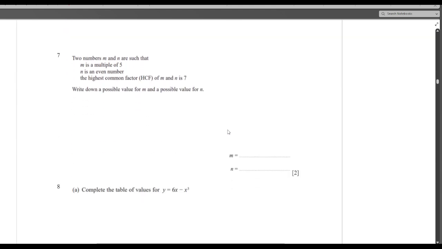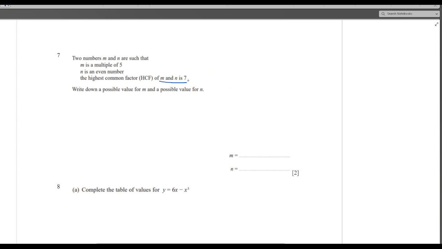Two numbers m and n are such that m is a multiple of 5, n is an even number. The highest common factor of m and n is 7. Write down a possible value of m and a possible value of n.